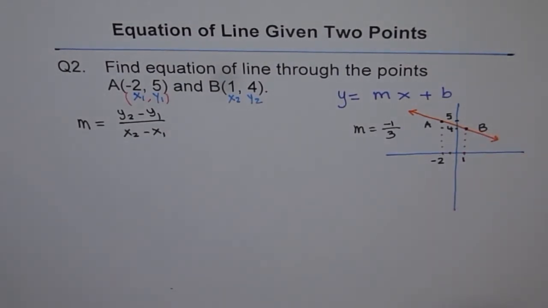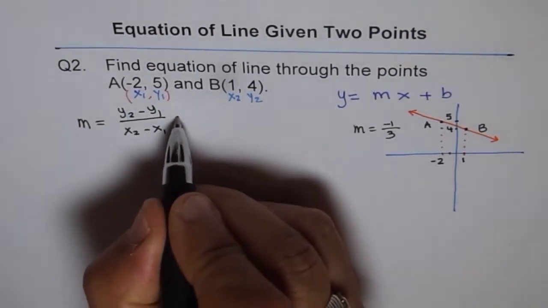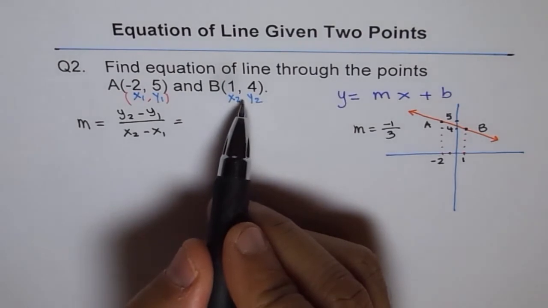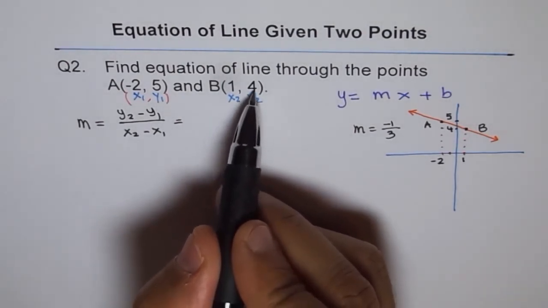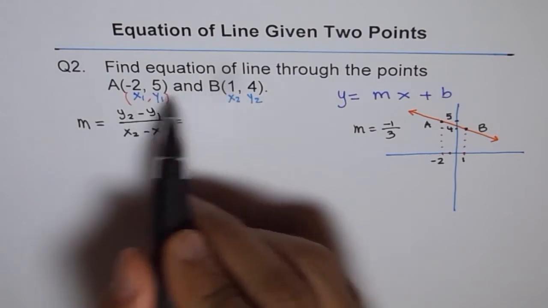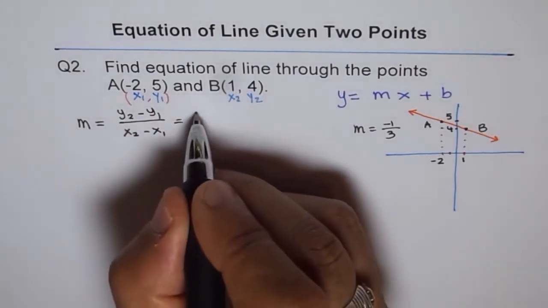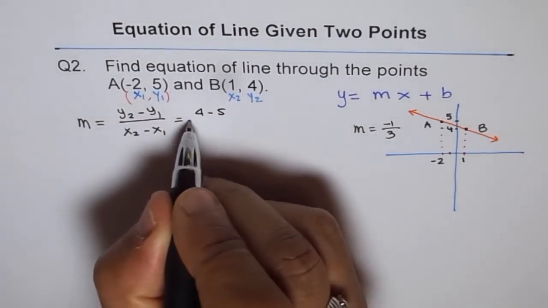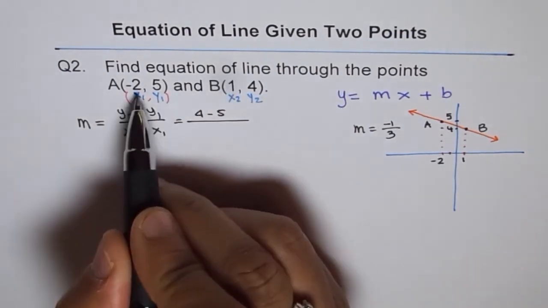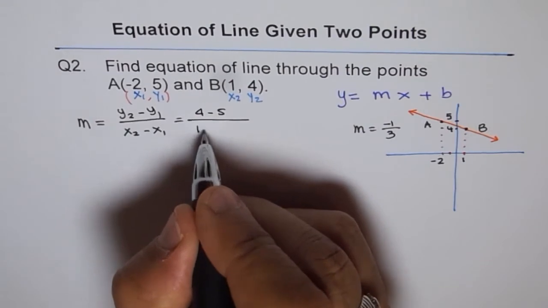So now we can solve by placing these values. We are taking B as the second point, so these are my y values: the difference will be 4 minus 5, divided by the difference of x values, 1 minus minus 2.